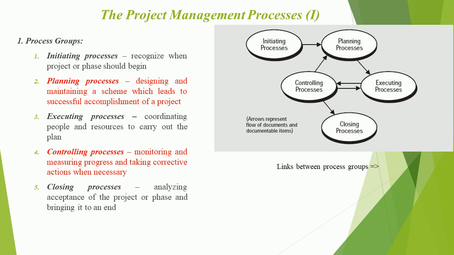Planning processes, designing and maintaining a scheme which leads to successful accomplishment of a project. Executing processes, coordinating people and resources to carry out the plan. Controlling processes, monitoring and measuring progress and taking corrective actions when necessary. Closing processes, analyzing acceptance of the project or phase and bringing it to an end.